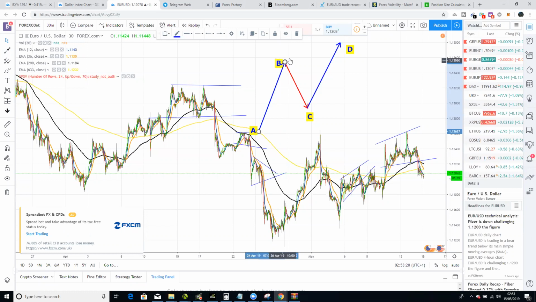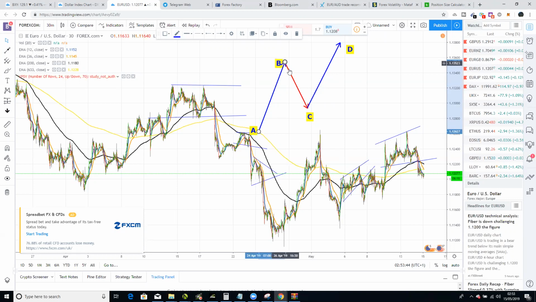Some people want to take advantage of that short period move and then take profit. So retracement can be as a result of profit taking. If it's as a result of profit taking, then it's not going to erase the actual prior move.